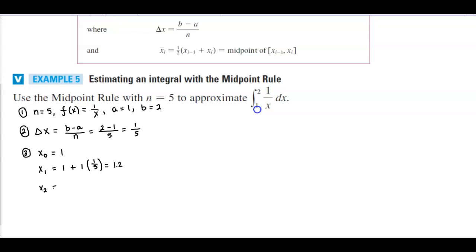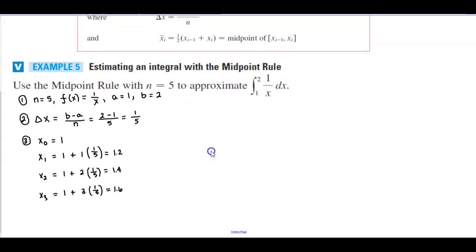To find x subscript 2, we take 1 plus 2 times 1 over 5, so 1 plus 2/5 is equal to 1.4. x3 is going to be 1 plus 3 times 1/5, which equals 1.6. Then x subscript 4 is 1 plus 4 times 1/5, which gives us 1.8.